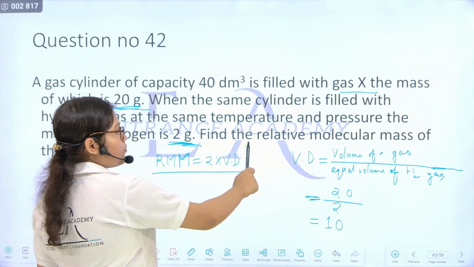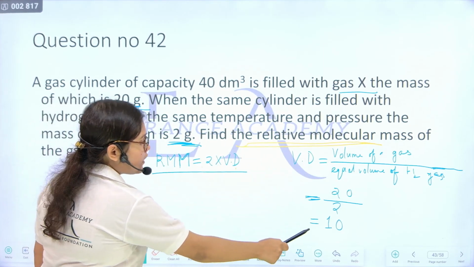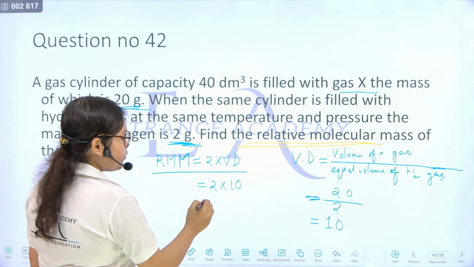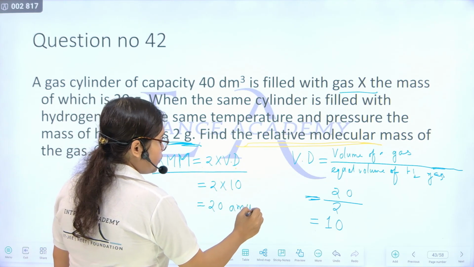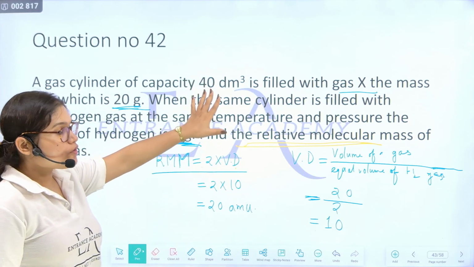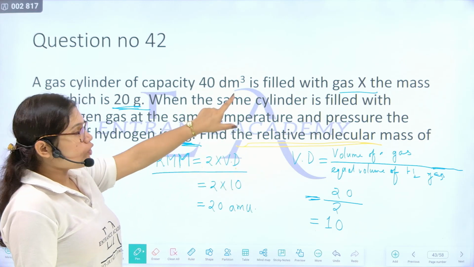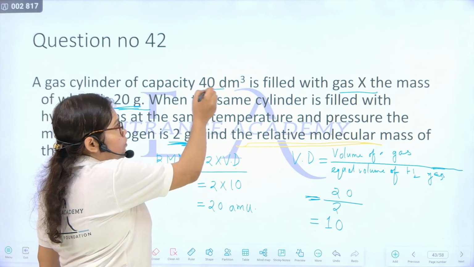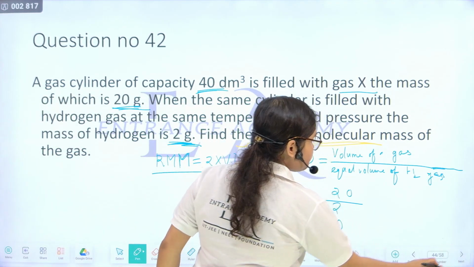Relative molecular mass is 2 into vapor density, so 2 into 10 gives a relative molecular mass of 20 atomic mass units. This is the answer. There is no need to add or subtract anything. The 40 decimeter cube is given just to confuse students, and it is not needed here.